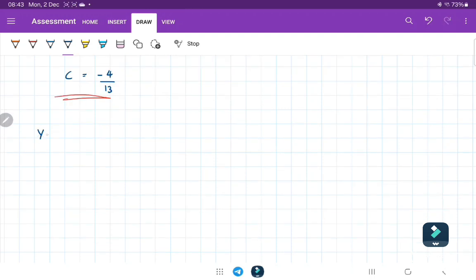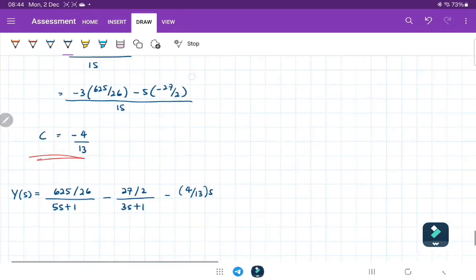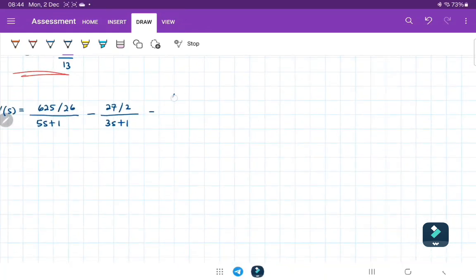So my y of s is a over 5s plus 1, so my a is 625 over 26 divided by my denominator, plus my b is a minus, so I have 27 over 2 over 3s plus 1, and then plus my cs plus f, and my c here is a minus, so again I have minus 4 over 13s, plus my f, and my f is also a minus, so let me make it easier, it should be 4 over 13s minus 7 over 13, and this is s squared plus 1.